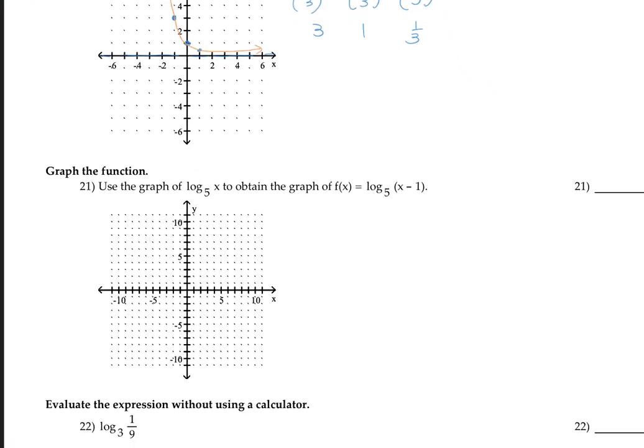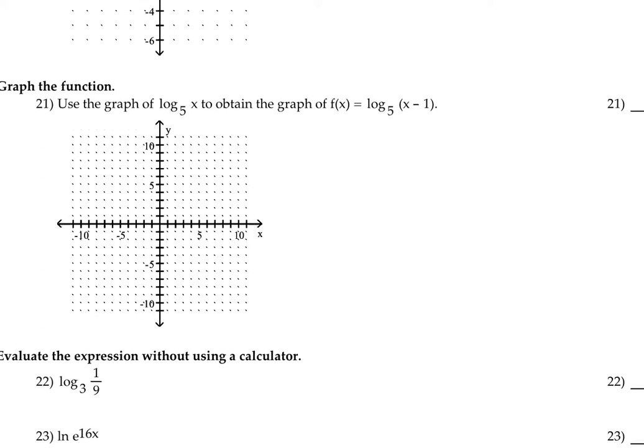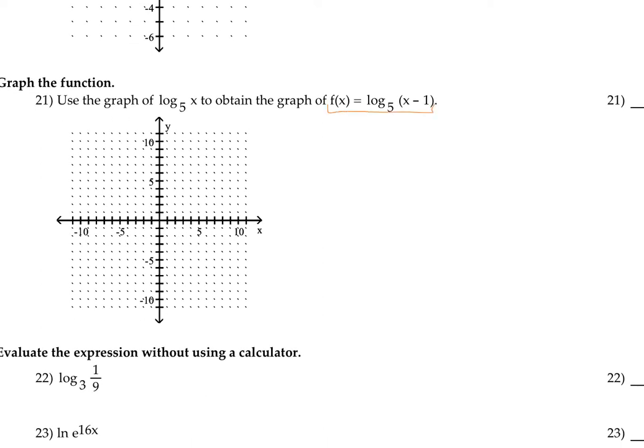For 21, also open-ended, this is the graph of the log. So if I'm graphing this, I'm going to change f of x to y. I'm going to convert this into exponential, so the 5 picks up the y. And then we add the 1. And then we plug in for y for the logs.